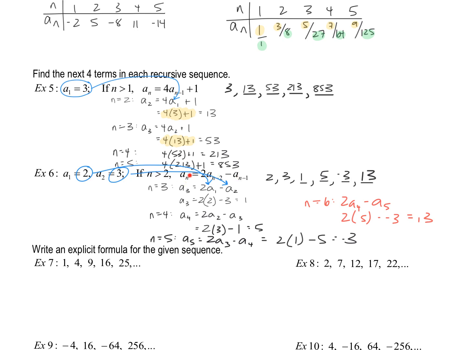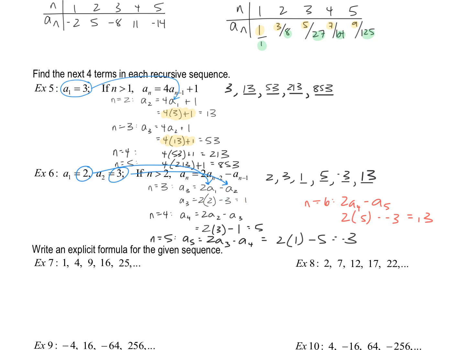So a sub 3, that means the third term, the number that goes in this spot, is defined by taking 2 times a sub 3 minus 2, which is 1. That means the first term. So I'm going to plug in a 2 right there, which I did here. Minus, if I plug in 3 right here, that means a sub 2. That means the second term, which is 3. So I plugged in 3 here. That gave me 1, and I put that in my slot.